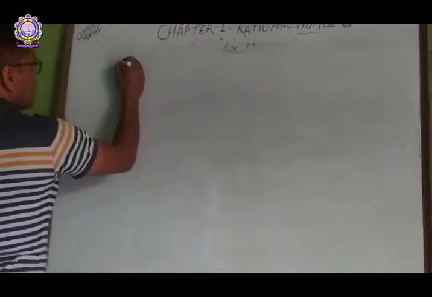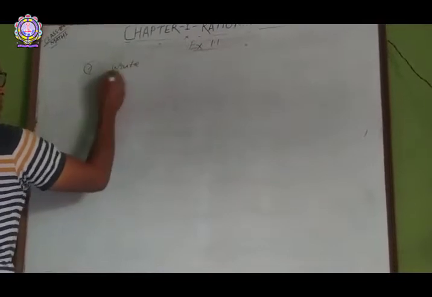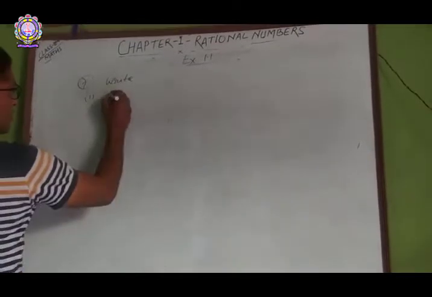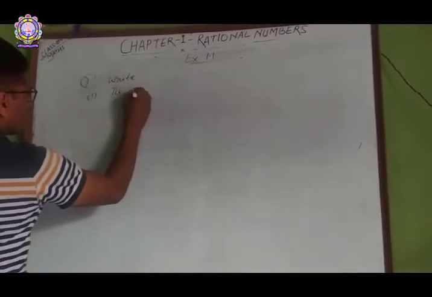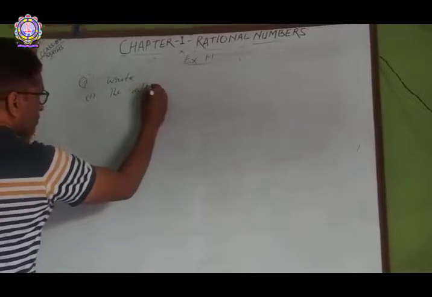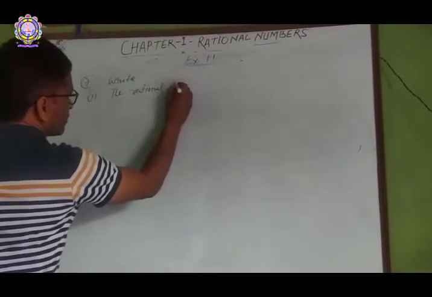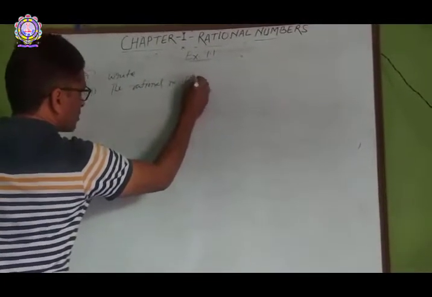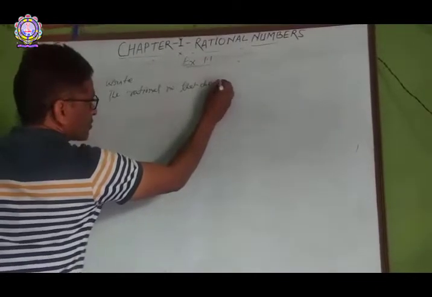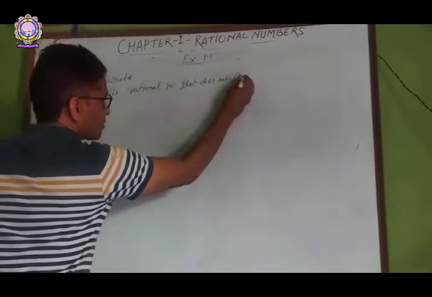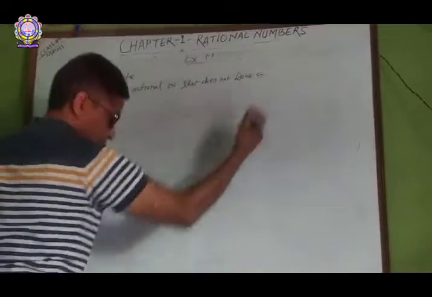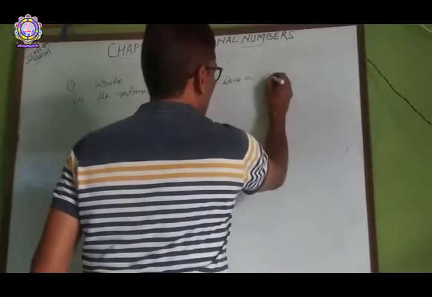Question 7 is write: part first, the rational number that does not have a reciprocal.